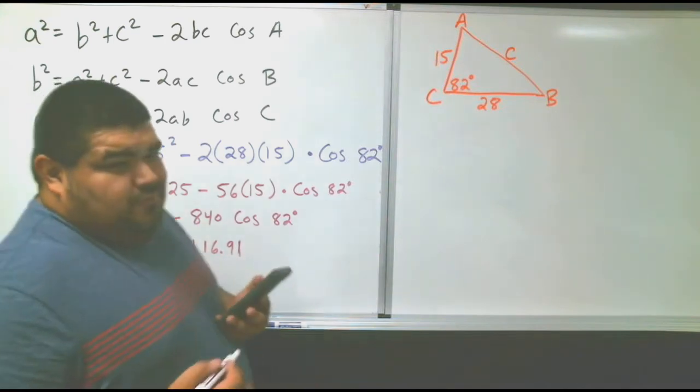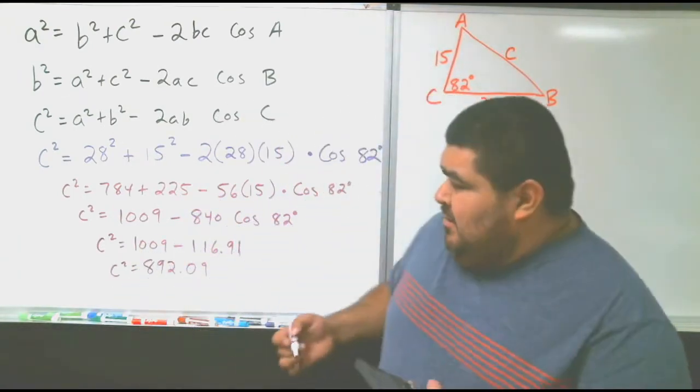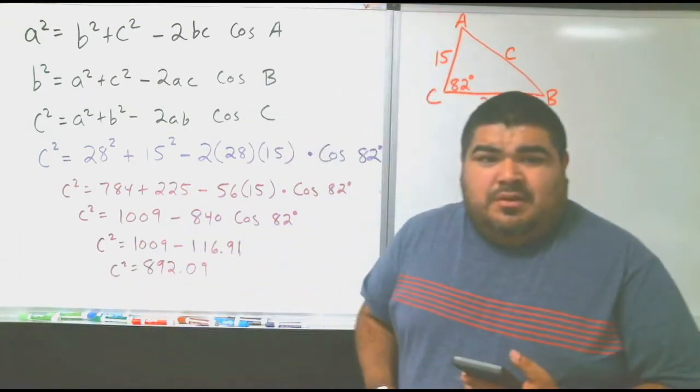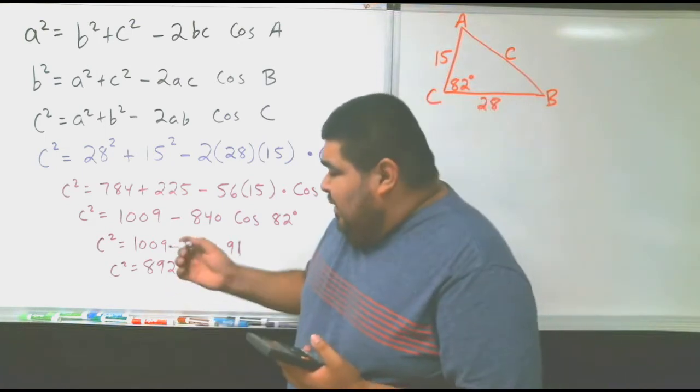Since we are solving for c, remember we have a square, so we have to get rid of the square by doing a radical.